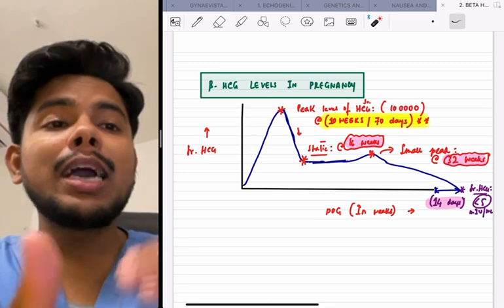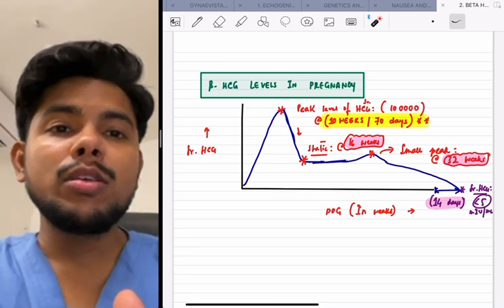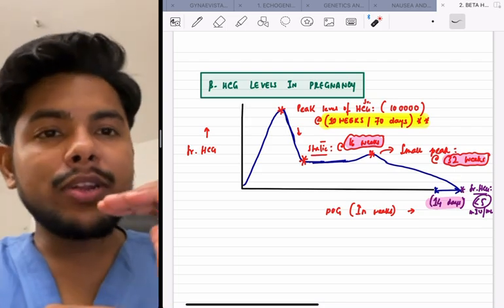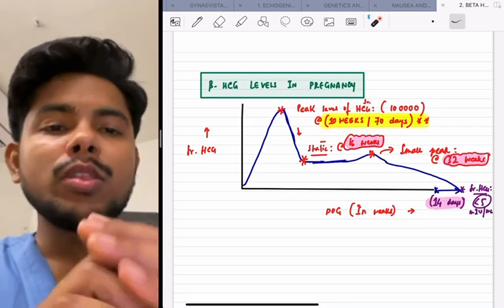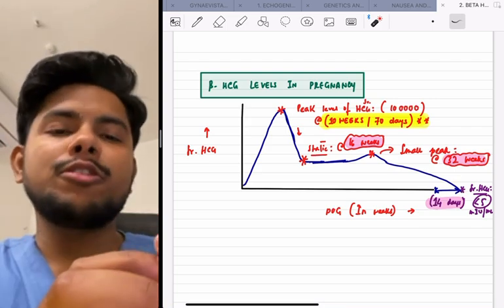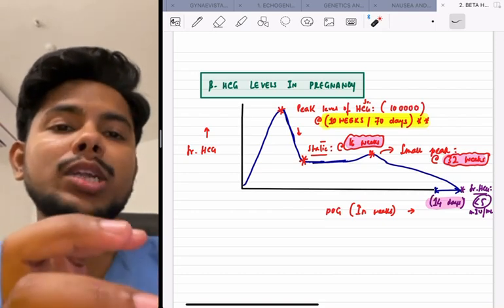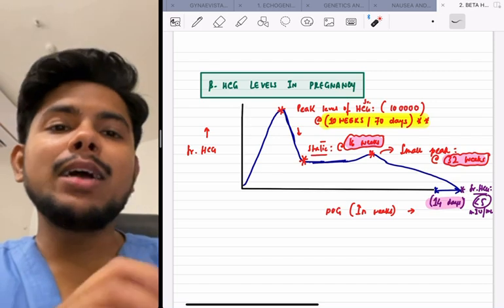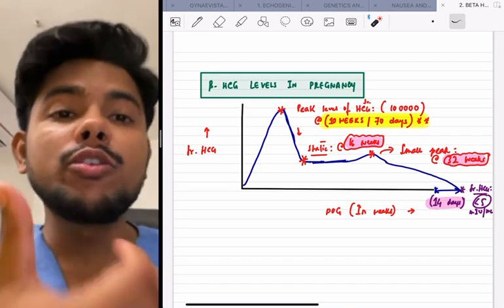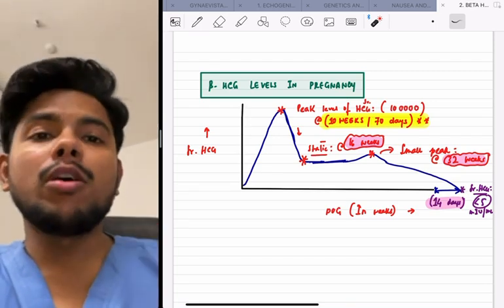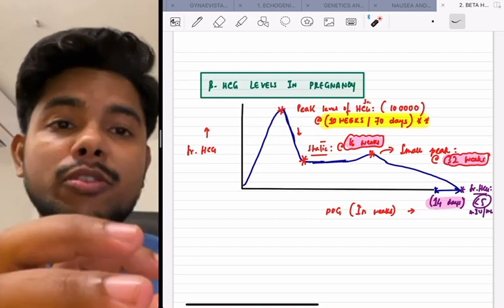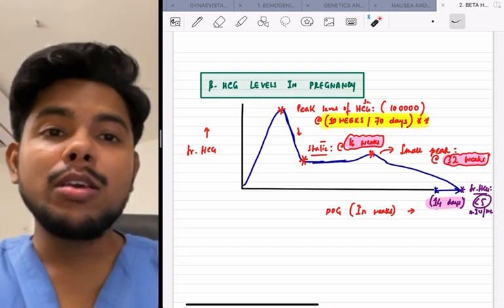But the lifespan of the corpus luteum, if there is fertilization, is 10 weeks. After 10 weeks, the corpus luteum of the ovary communicates with the placenta that I have done my part, now it's your turn. Now you should take over the job of producing progesterone, because we need progesterone throughout the pregnancy.